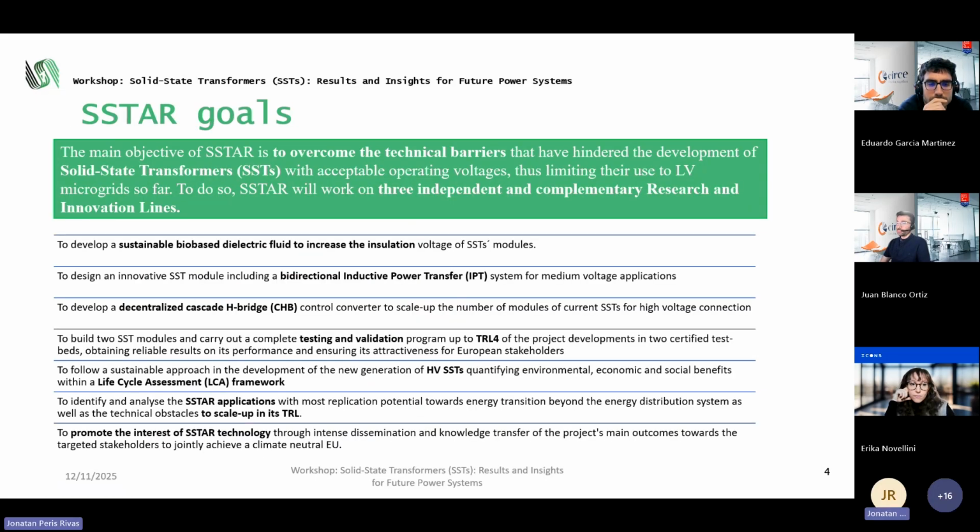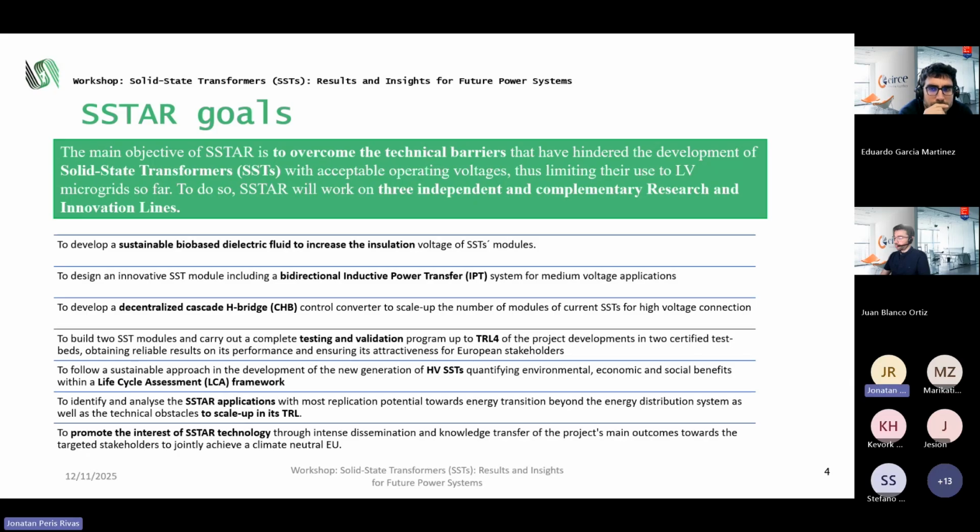The main goal of SSTAR is to overcome the technical barriers that have limited SSTs to low voltage applications so far. The project aims to increase the operating voltage of SSTs so that they can be used in distribution and transmission networks while maintaining reliability, efficiency, and sustainability. To achieve this, SSTAR works through three independent but complementary research and innovation lines that I will explain in the next slide.